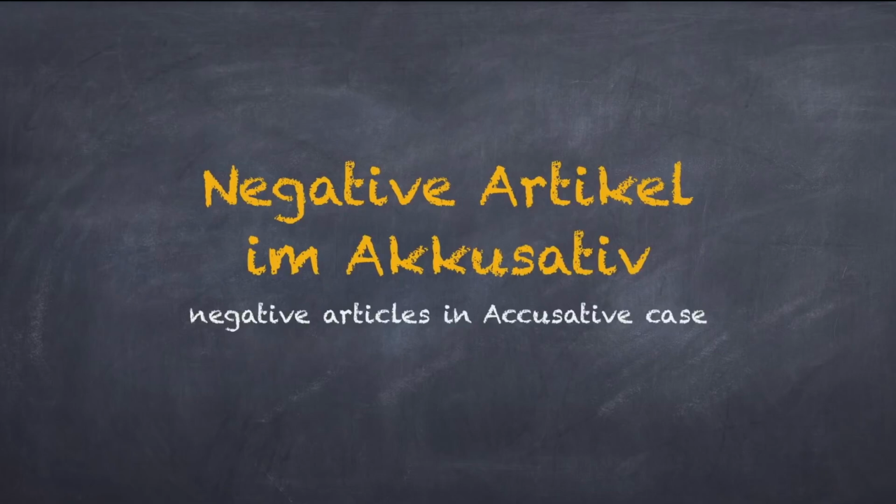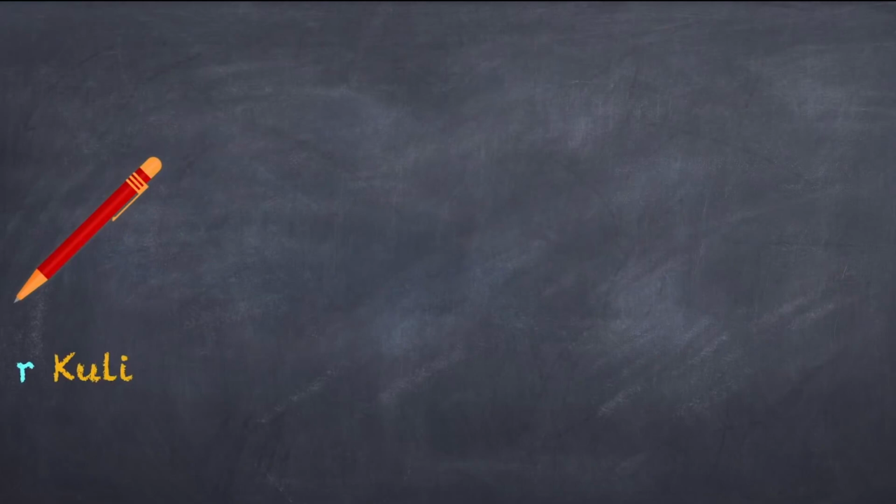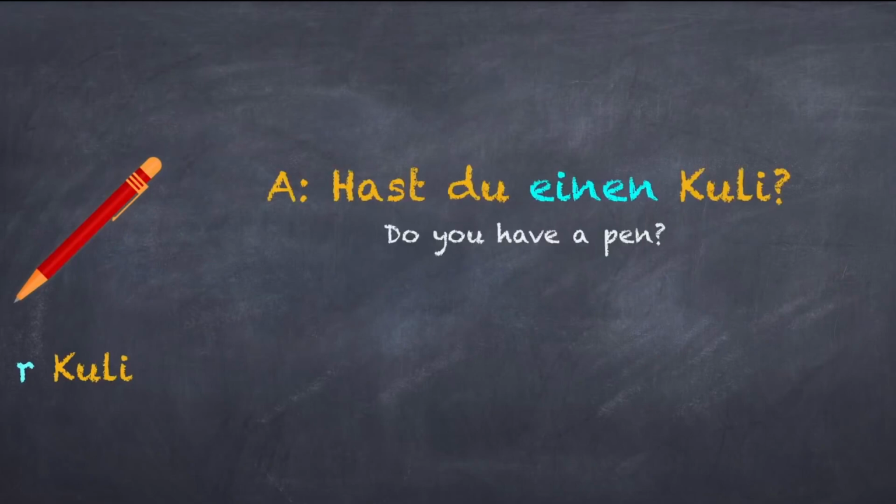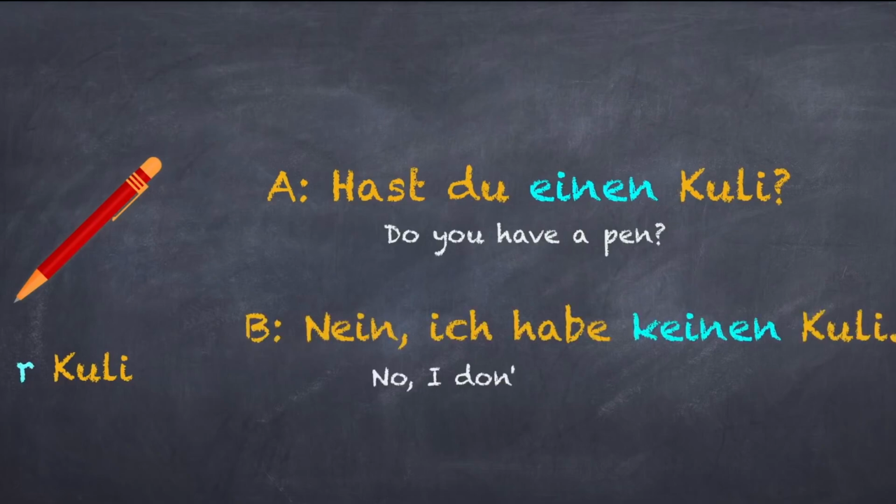Now let's come to the negative article im Akkusativ. So again we start with the accusative object in masculine. Hast du einen Kuli? Nein, ich habe keinen Kuli. Just like the unbestimmte Artikel, einen, the negative article for masculine and accusative is keinen.